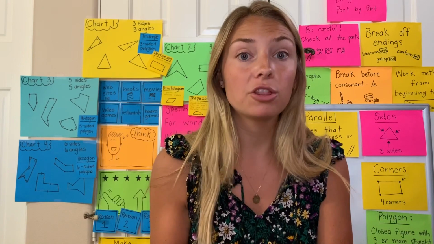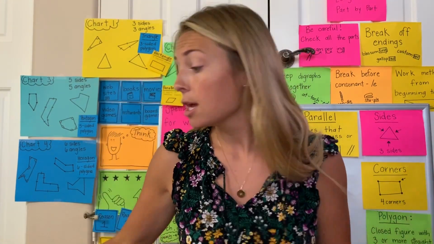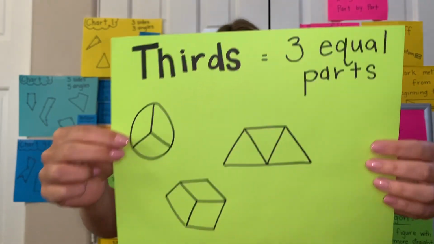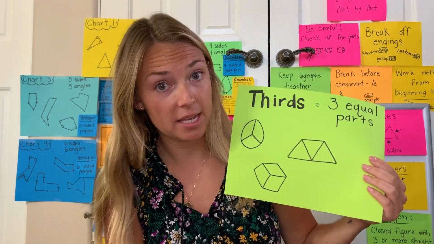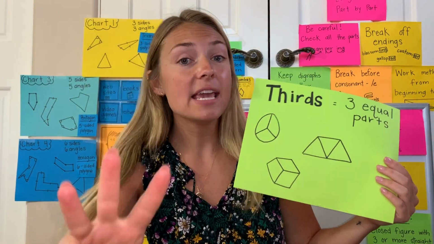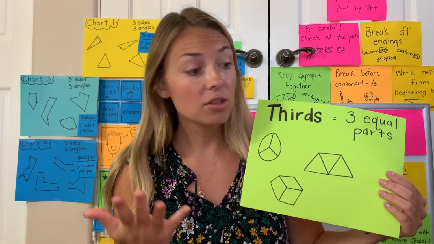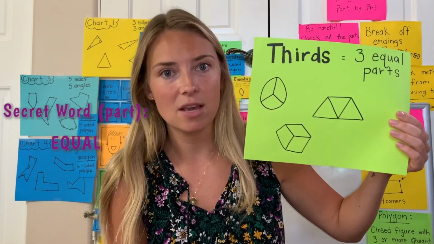Now, moving on to thirds. Thirds, you might say, thirds sounds like 3. You're right, thirds is just 3 equal parts. As you can see, I split this trapezoid here into 3 equal triangles. 1, 2, 3, they're equal. They're the same size. This one may be flipped upside down, but it's still equal.